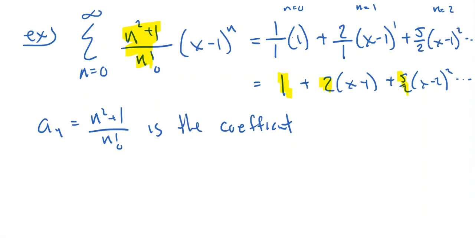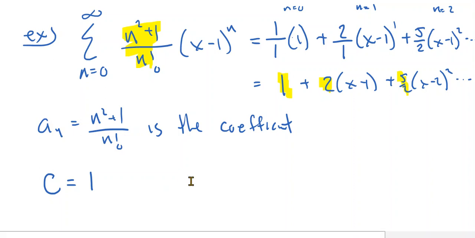And you can also see in this that the center C is equal to 1. All right, so that is what a power series is. It's pretty easy to recognize a power series because it's going to have some power of x.